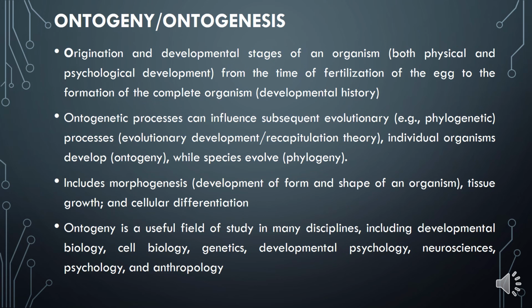Then about ontogeny. Now we know that ontogeny is about the origination and development. That is, right from the formation of a zygote till the formation of an individual, all the developmental processes, that is the formation from uni to multicellular, then tissue formation, organogenesis, the entire process and developmental stages, are considered while considering the genetic or evolutionary relatedness.